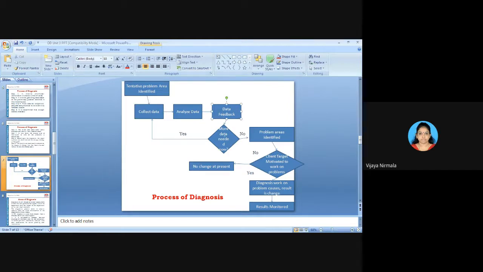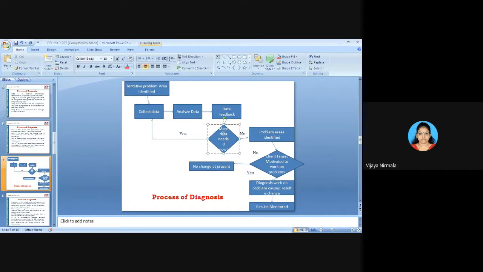In step 5, it is determined whether enough data is available or not. The data which has been analyzed, whether enough of that data is available or not, is determined in step 5.